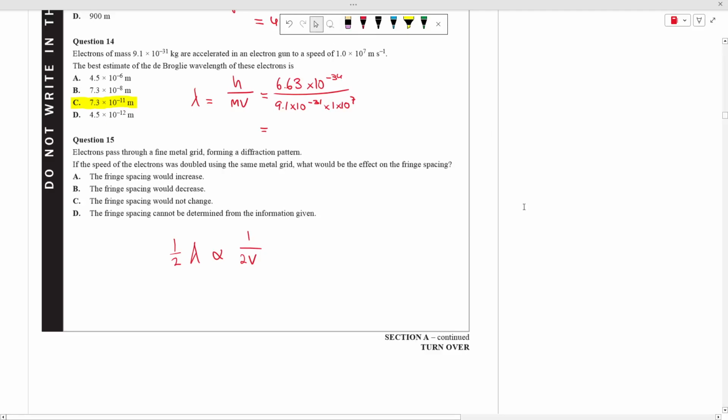Now we also know that diffraction is proportional to wavelength over gap width. So if we halve the wavelength and keep the gap width the same, then overall the diffraction would decrease. Okay, so I guess they wouldn't spread out as much, so the fringe spacing would decrease. So we'll go option B.